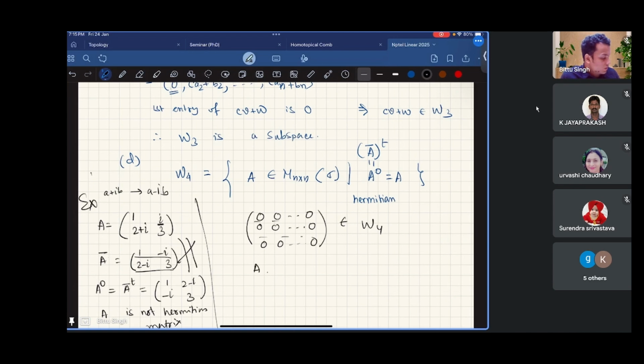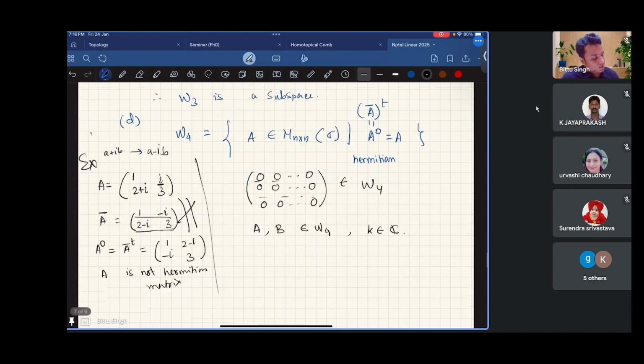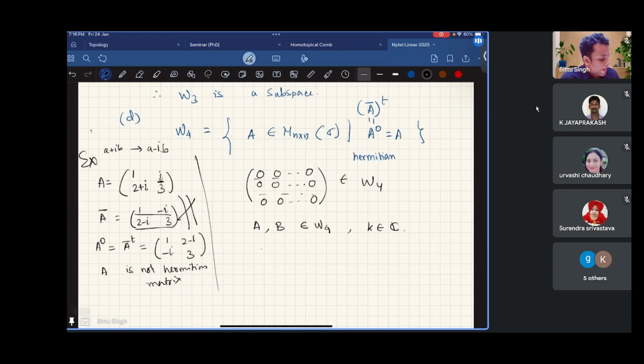Now suppose A and B belong to W4, and this scalar K comes from the complex field C. So we need to check the addition A plus B is there, and the second thing is K times A is there.